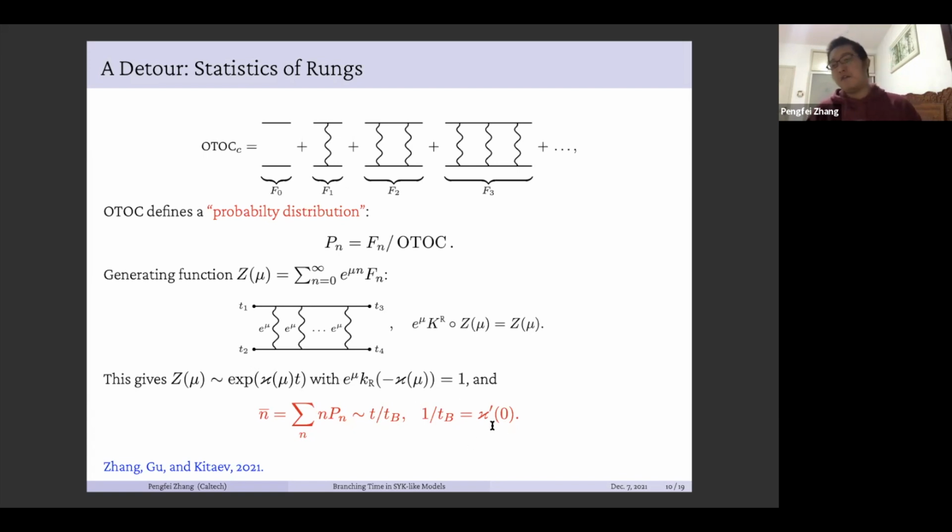One can further show that such a definition is consistent with the definition of the retarded kernel, which gives that this derivative of the Lyapunov exponent is just 1 over the branching time. So the expectation value of the number of rungs is just the total evolution time over the branching time.